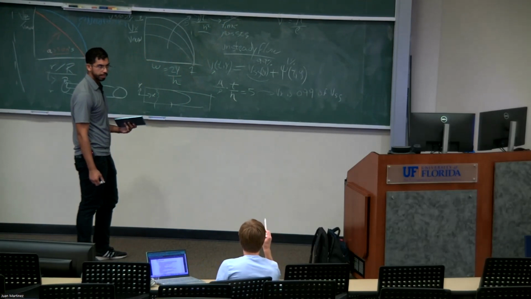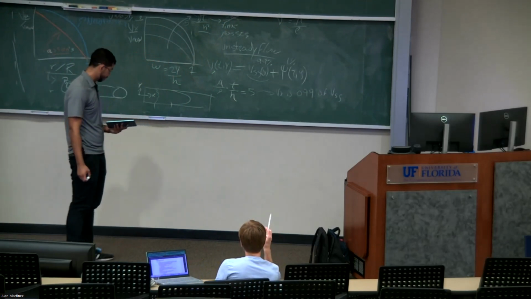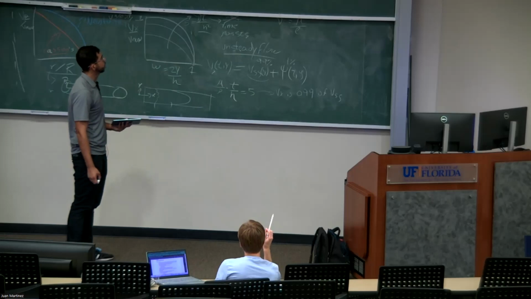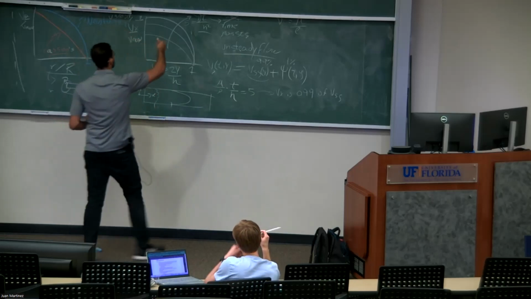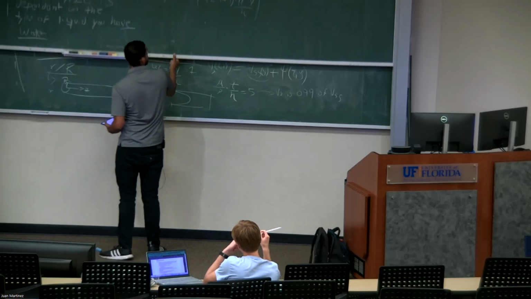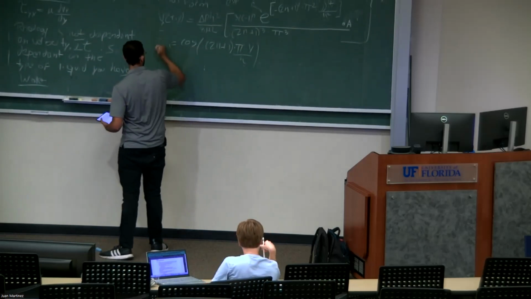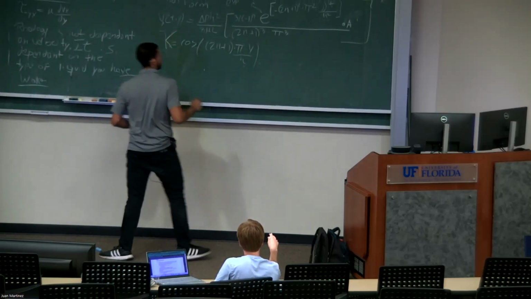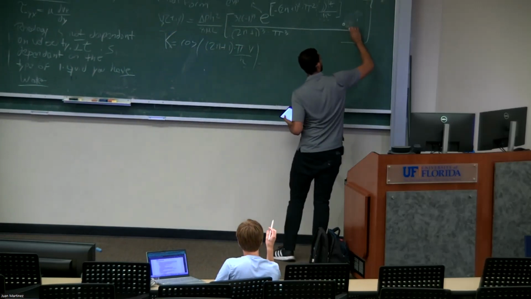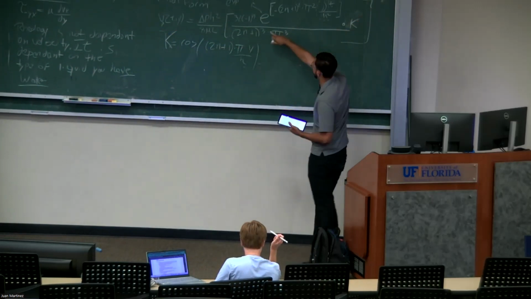Is that the area? What is that? Which one? You said it was position. Okay. And is it in the exponent or is it down? No, it's not an exponent, it's multiplying.